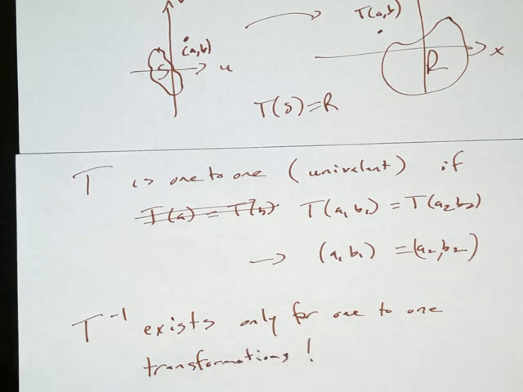And I mean that T inverse will also be a transformation that is C1. It might exist, but it might not be a nice transformation. So I really want to work with inverse transformations that are nice, regular transformations that are as nice as I can make. 1-to-1 is a nice, easy, convenient thing to do.